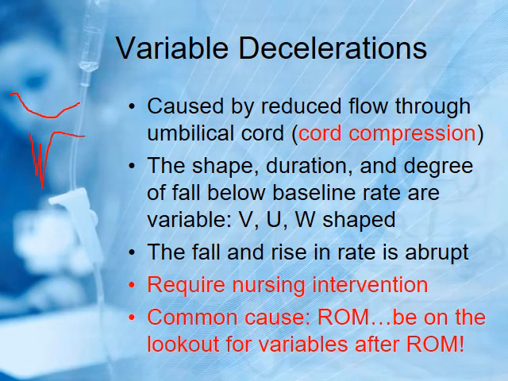They usually happen with contractions, but they can happen in between as a result of the baby kicking its own cord. But these variable decelerations are either V, U, or W shaped. The fall and rise in rate is abrupt. These also require nursing interventions. A common cause is ruptured membranes.